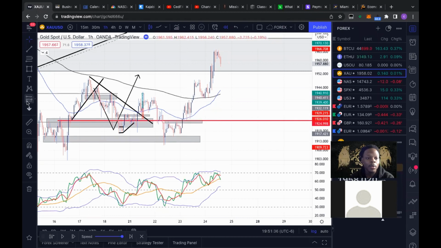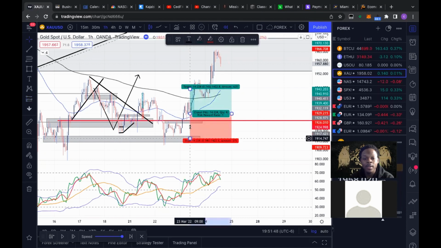And then boom, your entry is, once you see that wick rejection, you could have either entered right here, or once you saw that it came back down again, could have entered right there. Let's say you did enter up here, all you would do is just maximize profits once you see that second wick rejection.